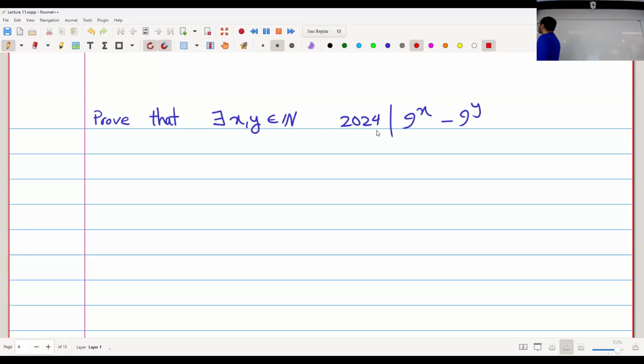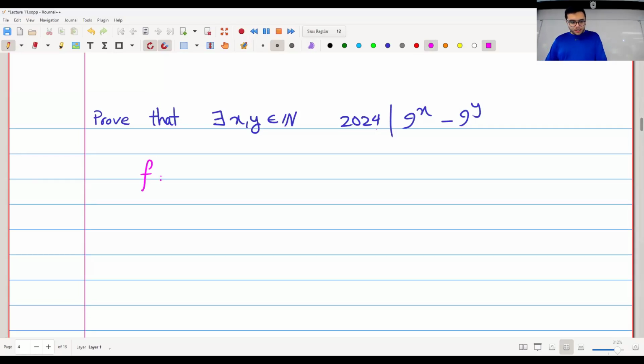Again, you have to somehow tell me what are the pigeons and what are the holes. So let's consider a function f that takes a power of 9.